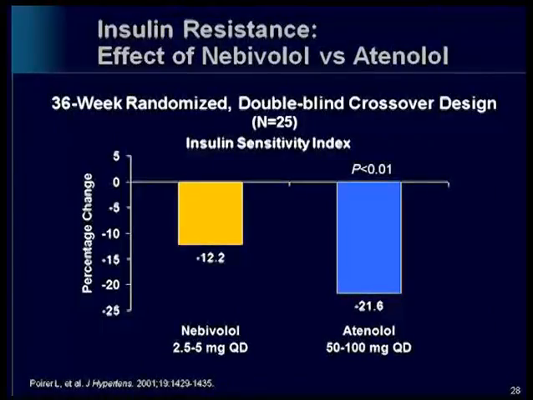Similarly, when you compare nebivolol, which is a vasodilating beta blocker, with atenolol, the insulin resistance improved significantly with nebivolol compared to atenolol. So these two drugs, vasodilating beta blockers, appear to be very good choices in patients who have diabetes and hypertension due to these metabolic effects.